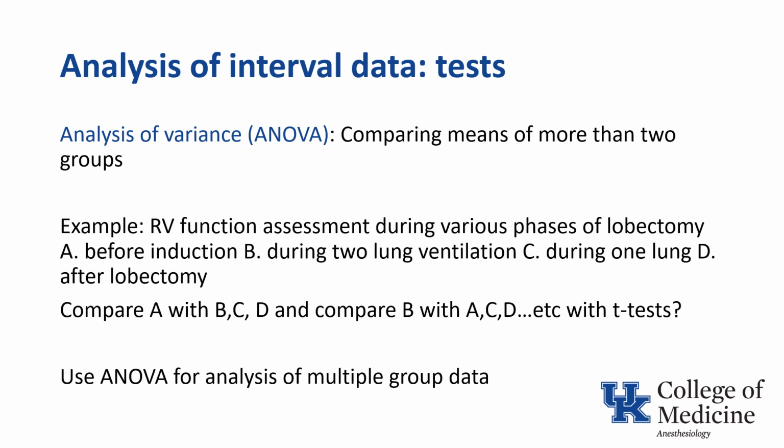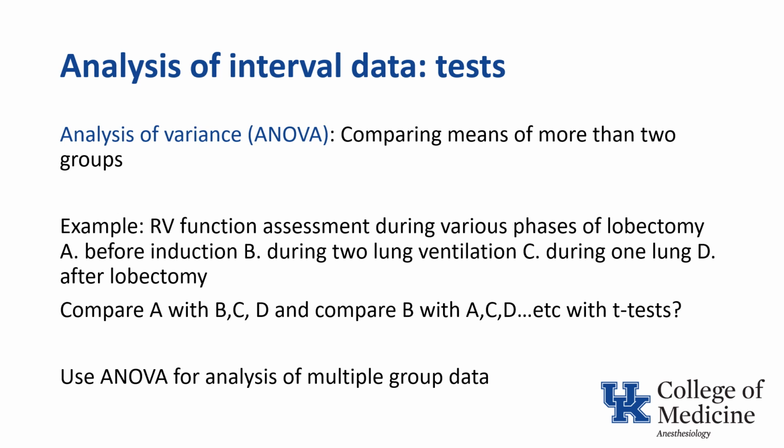Let's assume you looked at the right ventricle function before induction, and then at the second time you assessed the right ventricle function during 2-lung ventilation. The third time you assessed the right ventricle function during 1-lung ventilation, and you took a final assessment after the lobectomy. So now you have 4 sets of data.